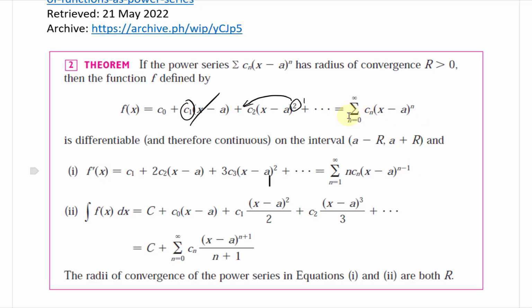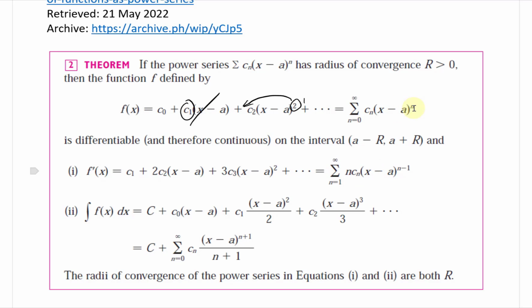So this is the summation from n equals 0 to infinity of Cn times x minus a to the power of n, and now it becomes the summation from n equals 1 up to infinity of n Cn times x minus a to the power of n minus 1.